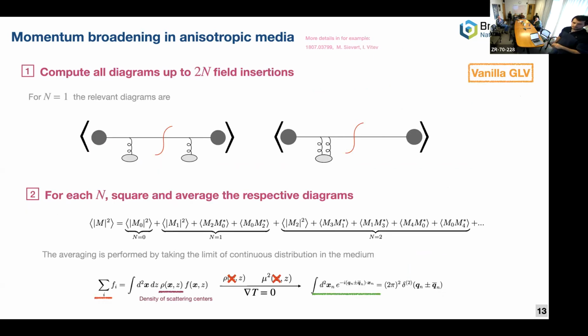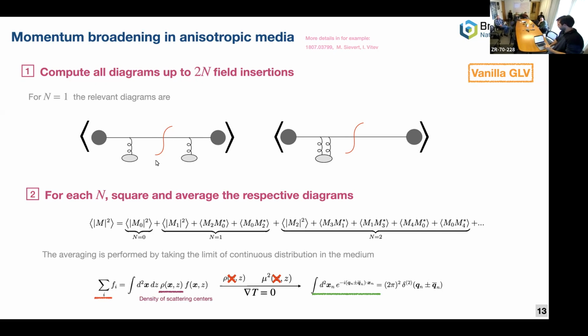Okay, and now, since we have this, it's easy to compute this using the standard approach in any calculation. What is done is that you compute all the diagrams with all possible insertions. The organized way to do it is order by order in the number of interactions with the medium, such that if you want to write the squared amplitude, you can decompose it order by order in the number of interactions.